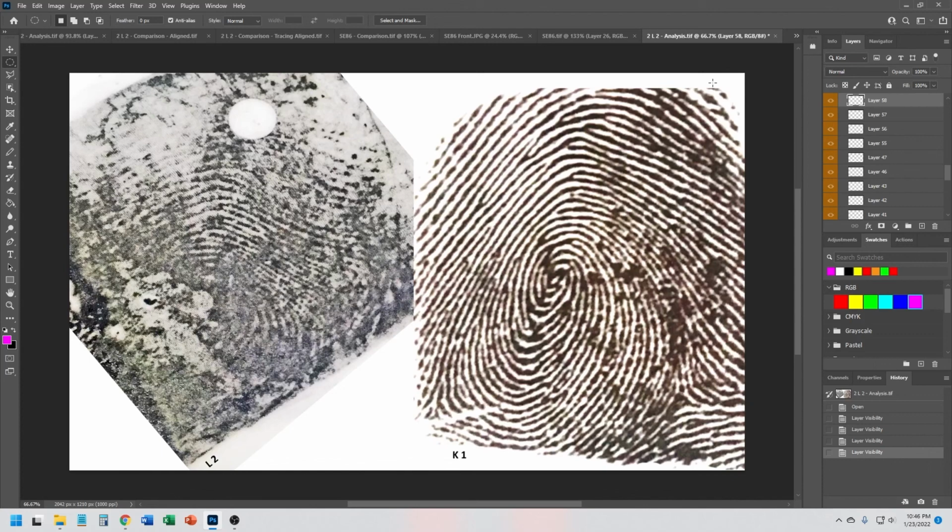Or you can have it run 360, where it'll just rotate the latent to any possible direction, and then bring back a result in any orientation. So even if you enter it in upside down, it'll still find the match. And from my measurements, the rotation to get these two to align is roughly 40 to 50 degrees counterclockwise, which is outside of that range.